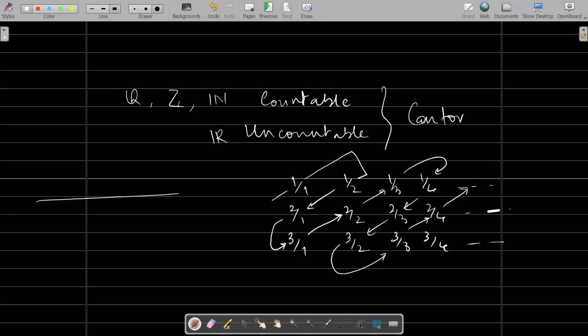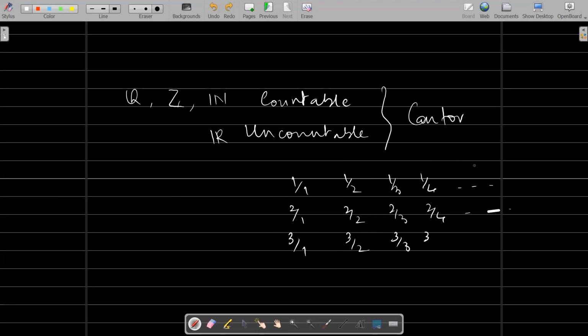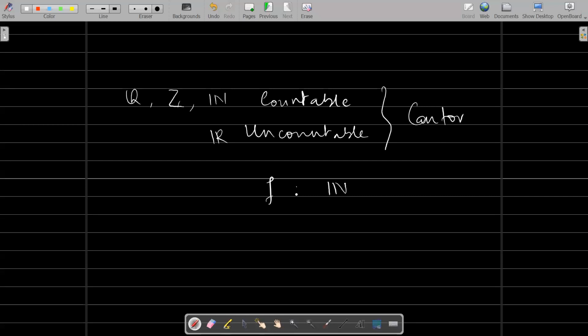Sir, I had a question. I didn't quite understand what you mean by uncountable. Countable is something to which I can assign numbers like first number, second number, third number, and so on. Or to be more precise, I can give a function from the set of naturals to that set which is a bijection, one-one and onto.